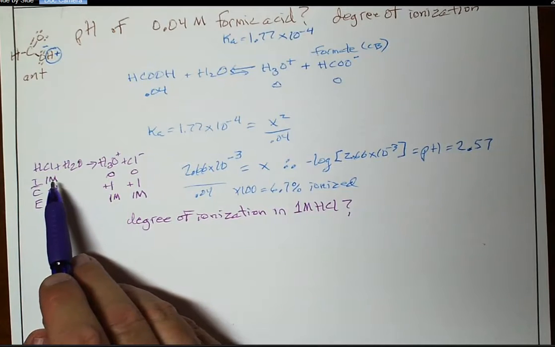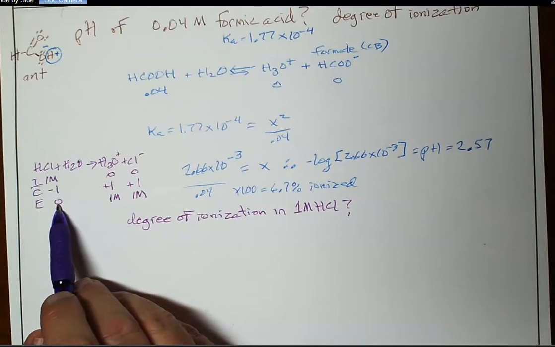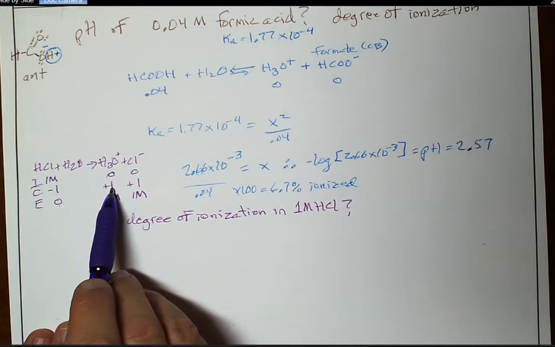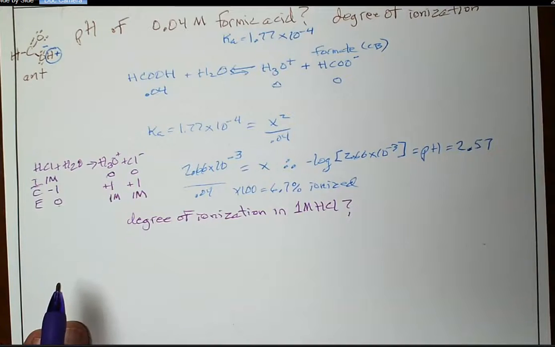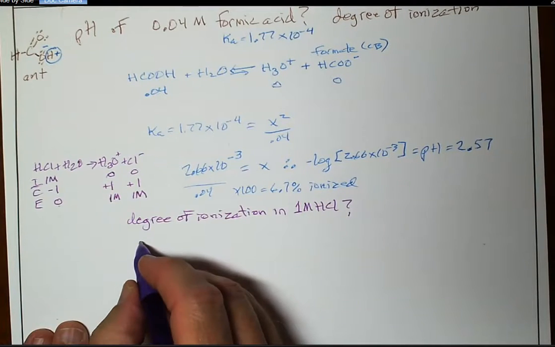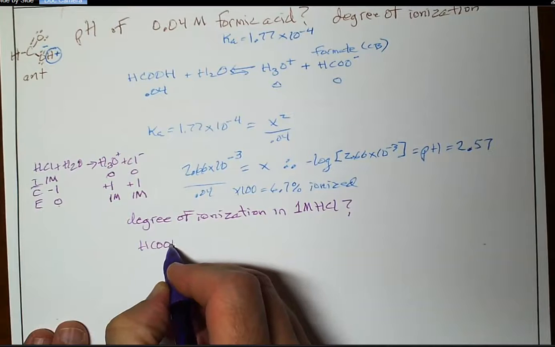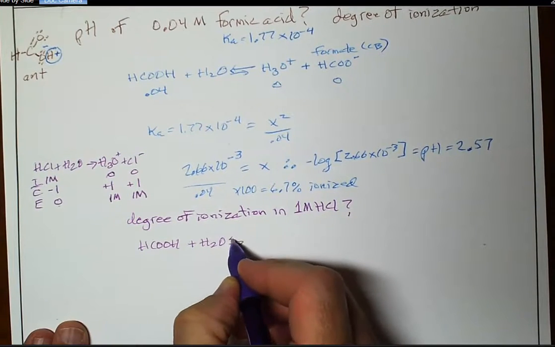Strong acid, 1 molar. Ionize it completely. All of it goes away to 0. Since one of these makes one of these, we lose the same amount over here and we create 1 molar hydronium. So we're going to take this HCOOH, we're going to put it in water.